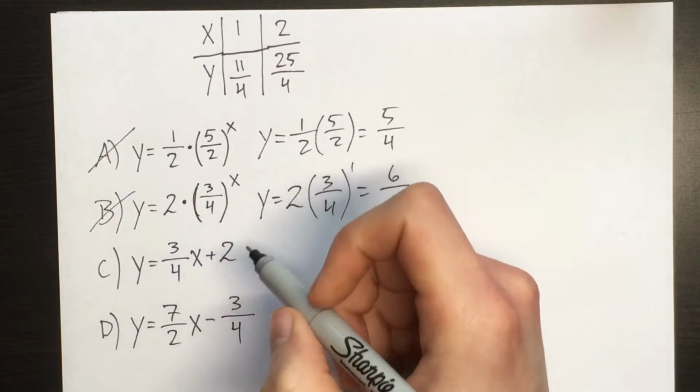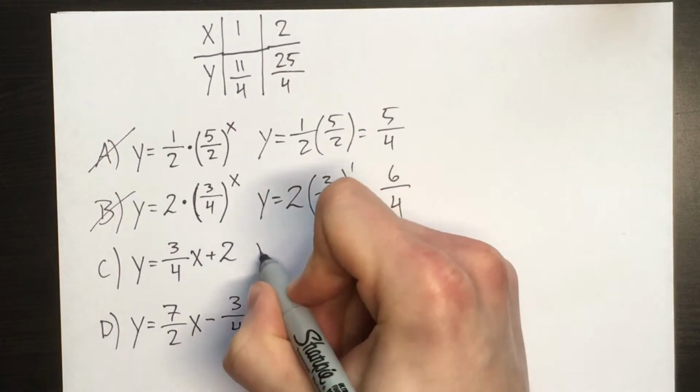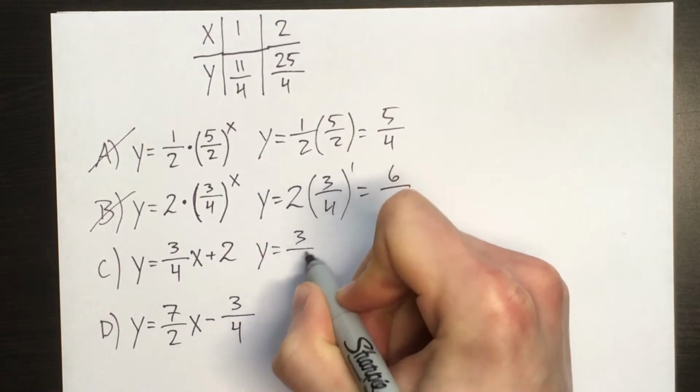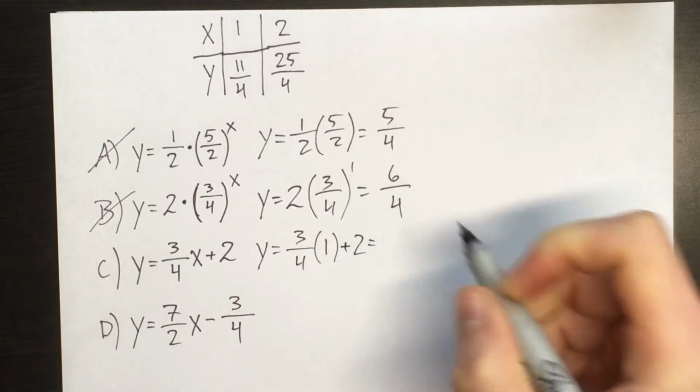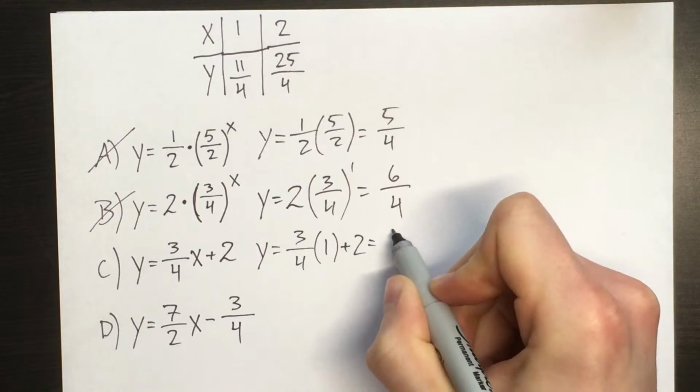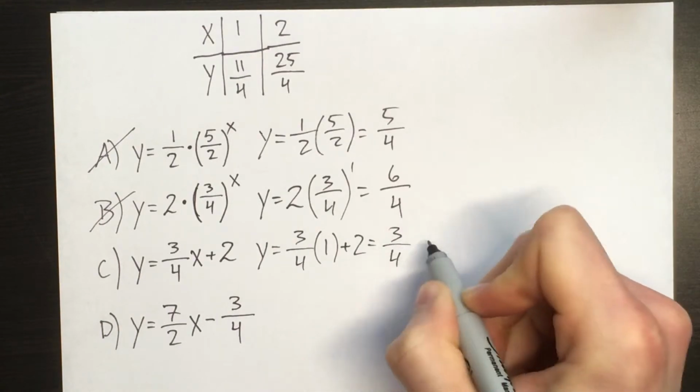What about C? Y equals 3 over 4 times 1 plus 2, so that's 3 over 4 plus 2.